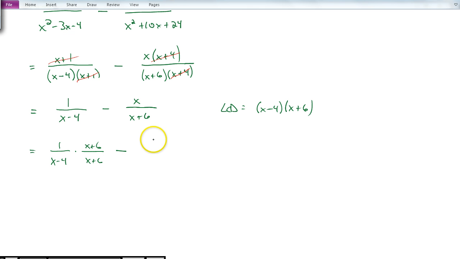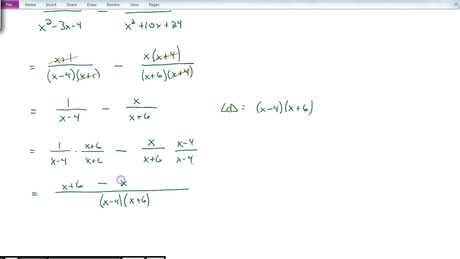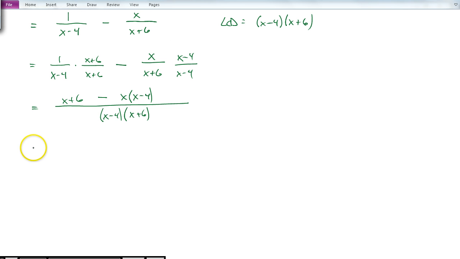And then I have this one, x over x plus 6, which I must multiply by x minus 4 over x minus 4. And so we're left with x plus 6 over, I guess I'll just do the entire common denominator now, x minus 4 times x plus 6, and then minus x times x minus 4 over that same denominator. And what's left is just the algebra up here of combining like terms.